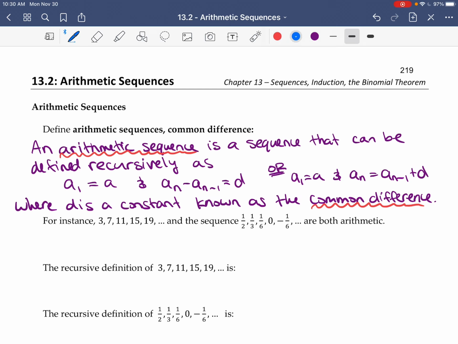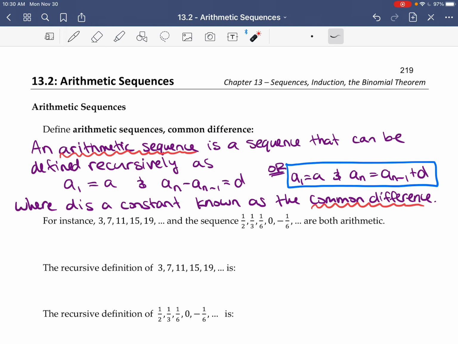Okay, so this is the one we normally think of. But the idea of common difference makes more sense when you think about this form. So if you take the difference of two of the terms, you get this constant D, no matter which two terms it is. Or you can think, to get from one term to the next term, you just add some number D.